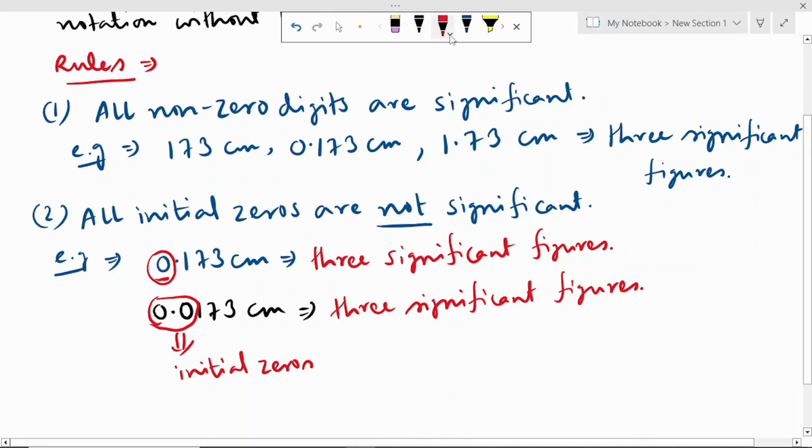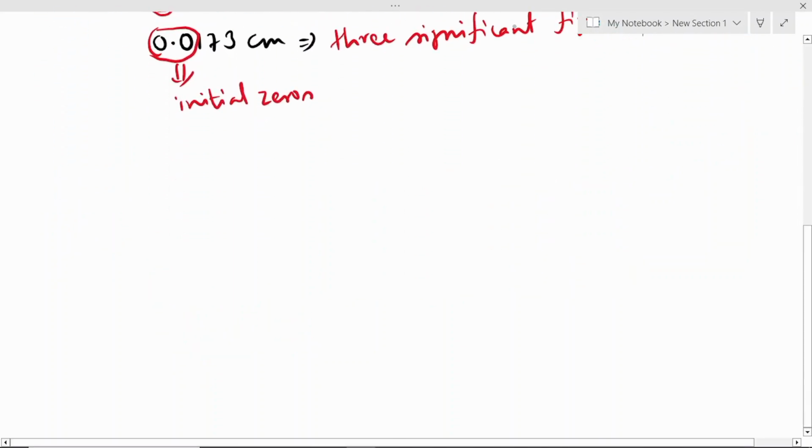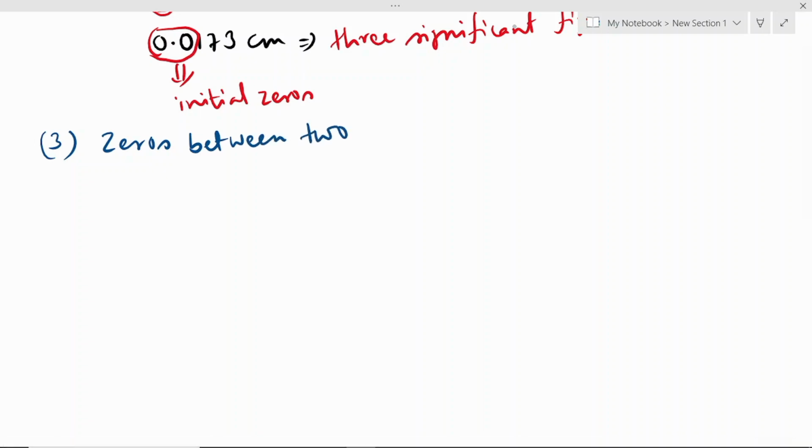Now, what does rule number 3 say? Zeros between two non-zero digits are significant.